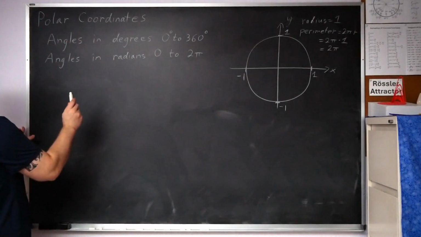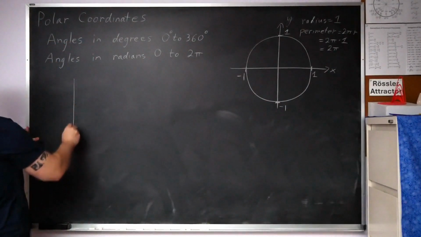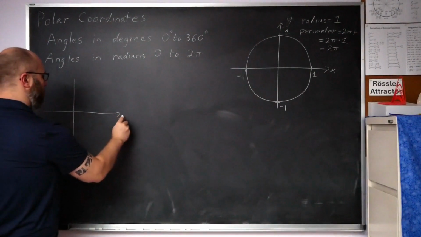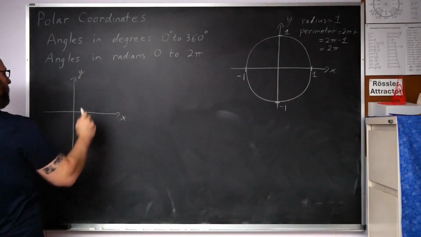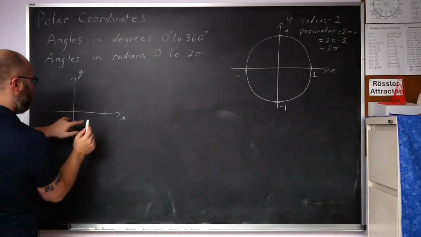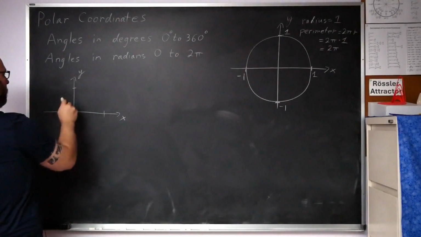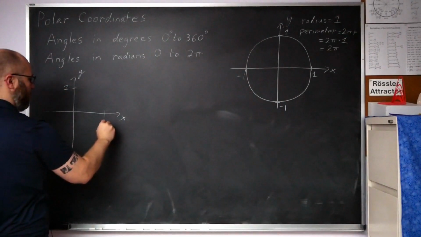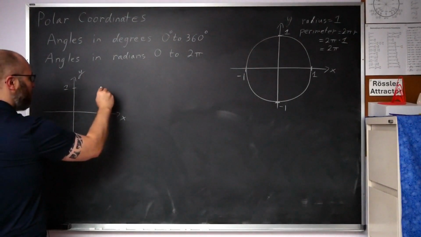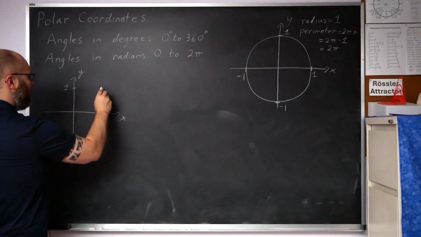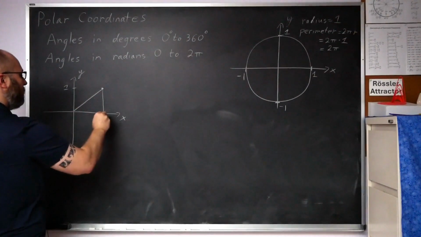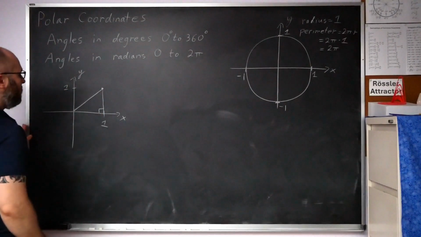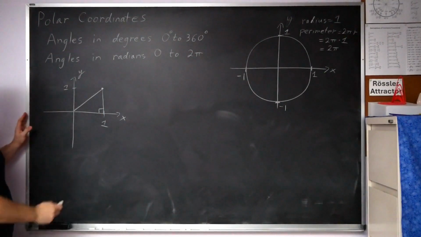To give some context, let me draw another one over here. X, y. Let's say I have, approximately, that's 1, and I've got a triangle right there. I drew that somewhat well. What if I draw the unit circle?